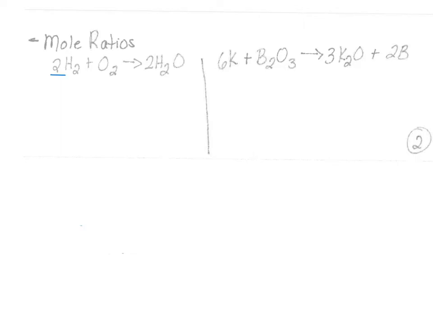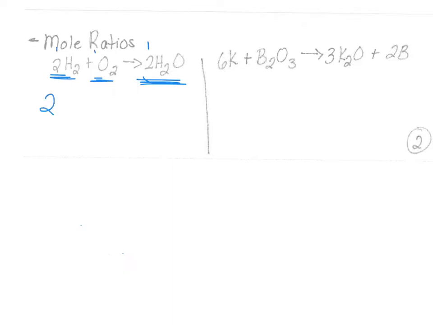I have hydrogen gas plus oxygen, and those react to form water. Here I have a synthesis reaction, and I've balanced it for you. What this says is that there are 2 moles of hydrogen gas and 1 mole of oxygen gas on that side of the reaction, and those react to form and make 2 moles of water. These are technically ratios. The coefficients in front of the compounds are ratios.